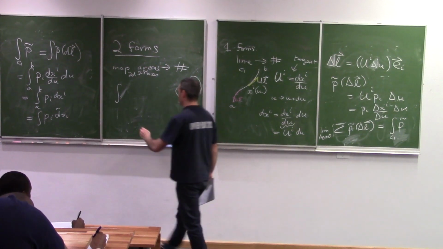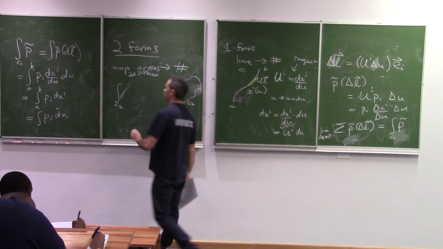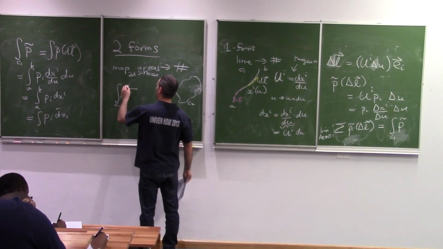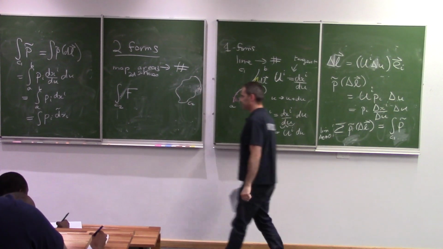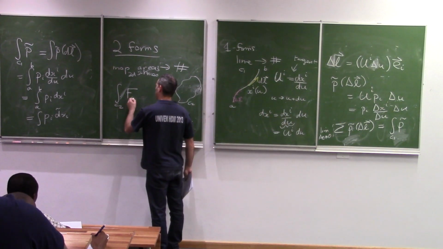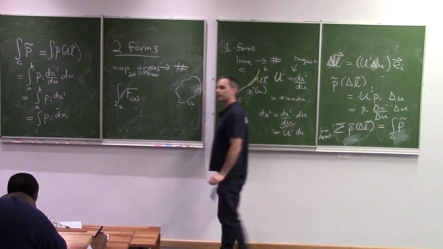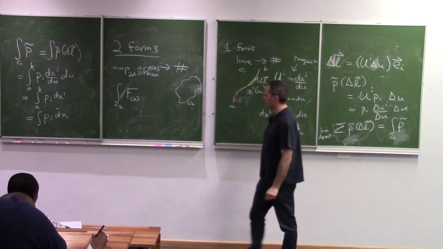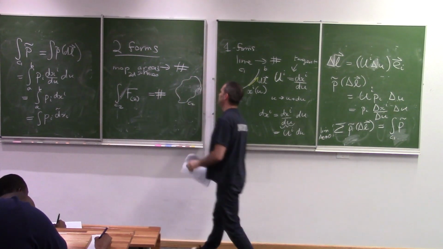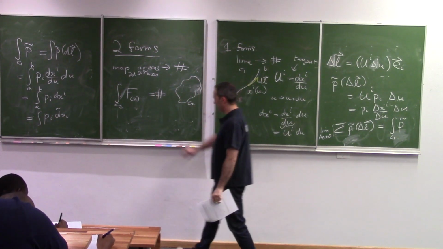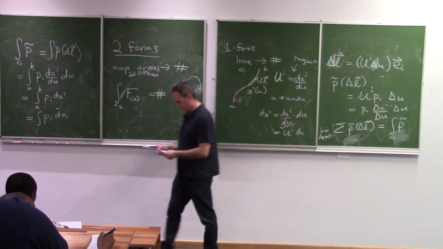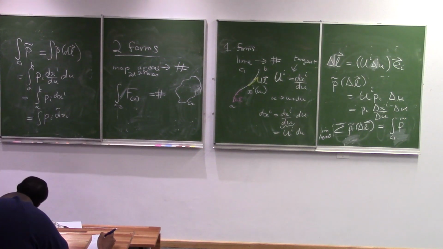So I'm going to have the integral over C2, and now instead of a 1 form, I'm going to have something called a 2 form. And so I don't get confused, people will often put a 2 in brackets in there, to tell us that we're dealing with a 2 form, and that integral is going to be equal to a number. And so that's what we want, and let's see how we have to go about it.